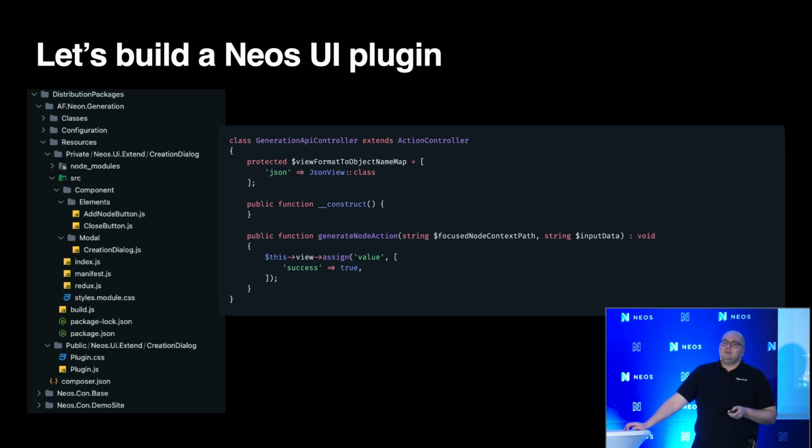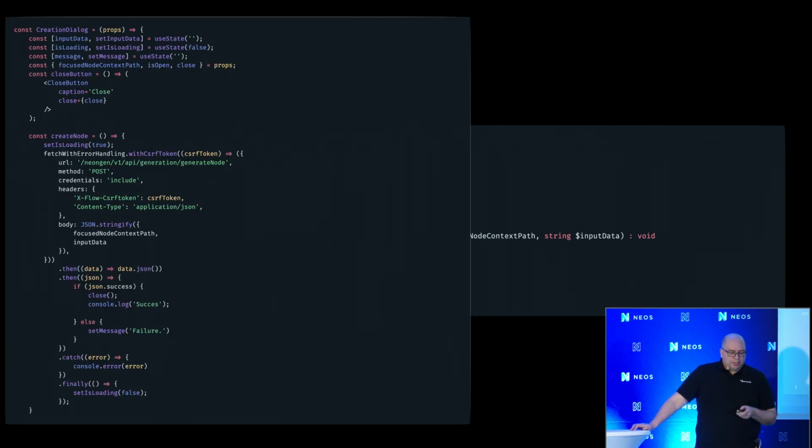I delved into the Neos UI code, learned about Redux and Redux sagas, and I must say, for me it was a relatively hard task. I thought sometimes it's really, really complex to understand, but at the end I achieved my custom creation dialog.